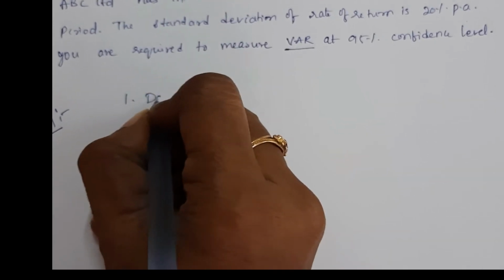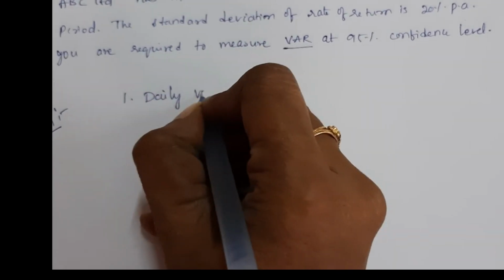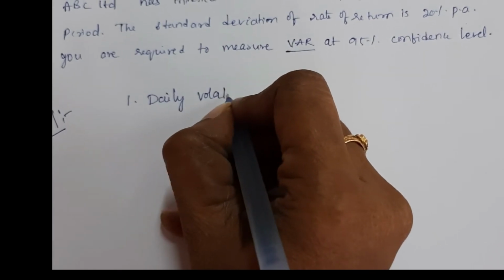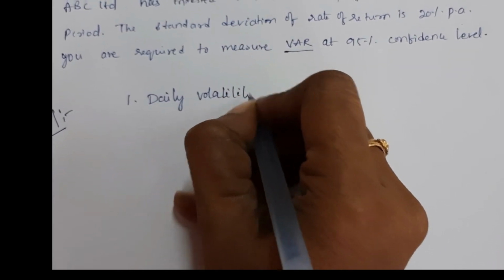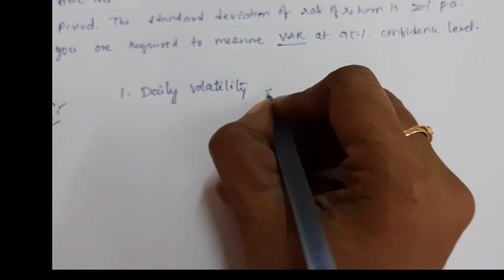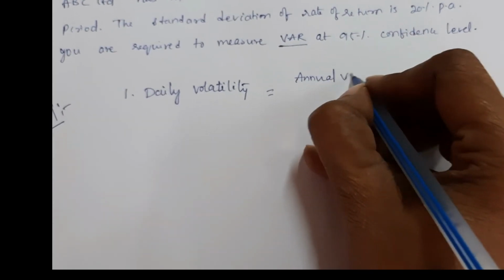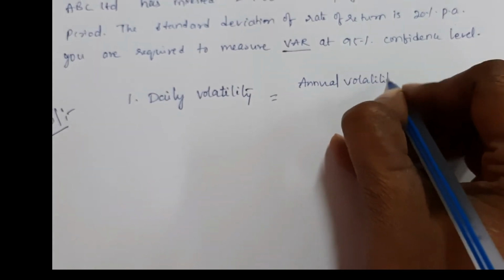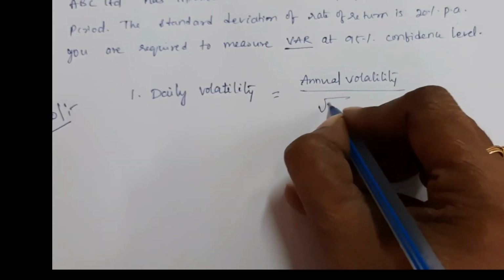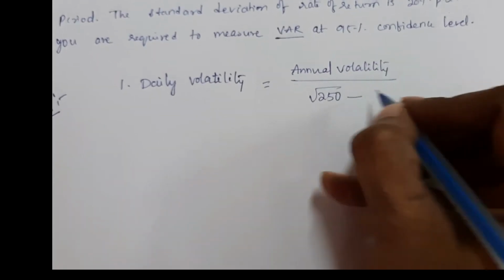Initially, we need to calculate daily volatility, where daily volatility is annual volatility divided by square root 250.